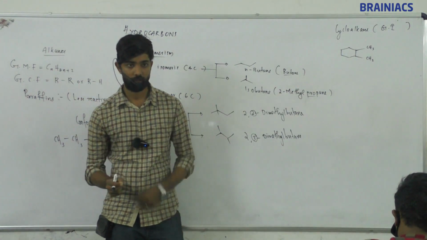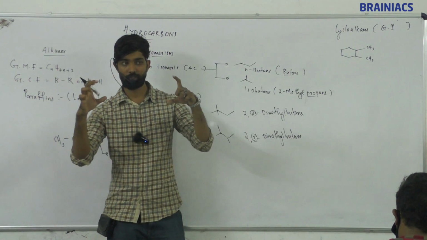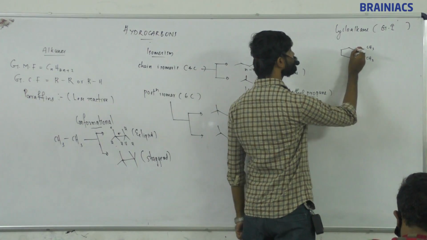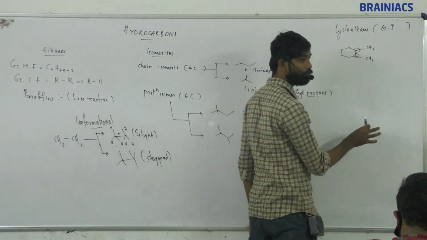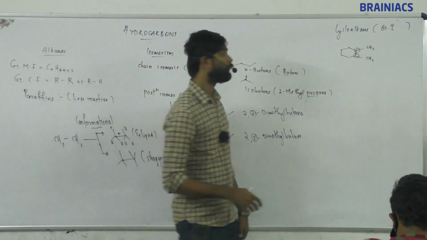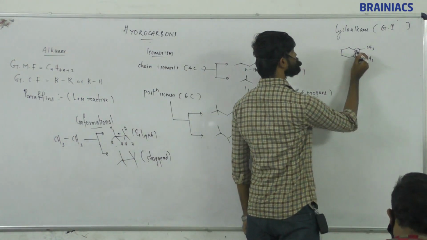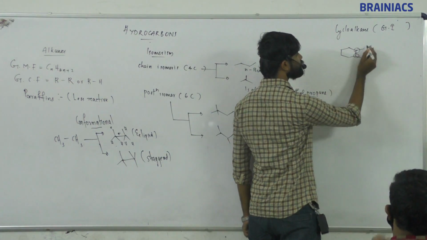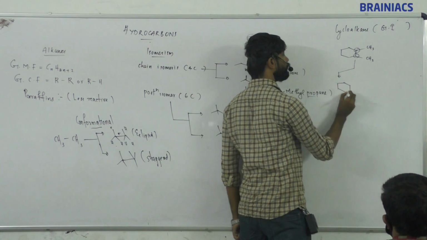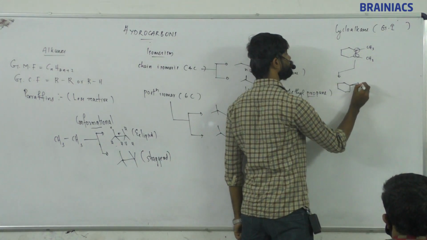Double bonds are rotation restricted centers. Like that, any two carbons in a cycloalkane ring form a restricted rotation center. So across that restricted rotation center, if the stereo arrangement changes, it can show geometrical isomerism.